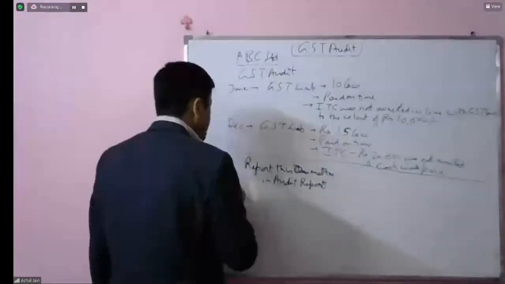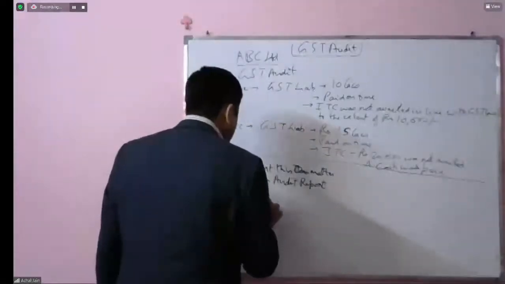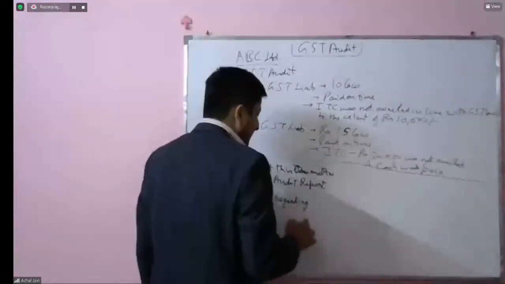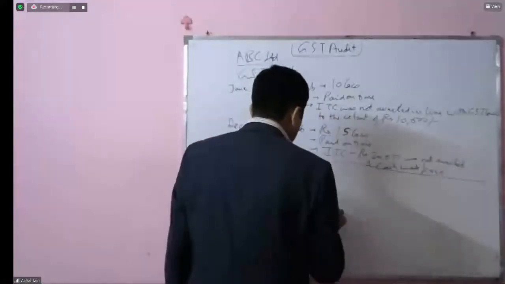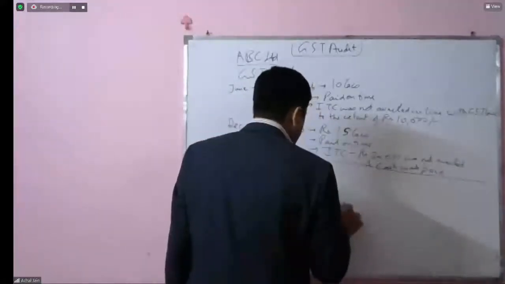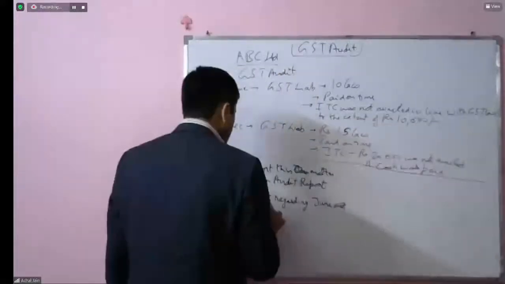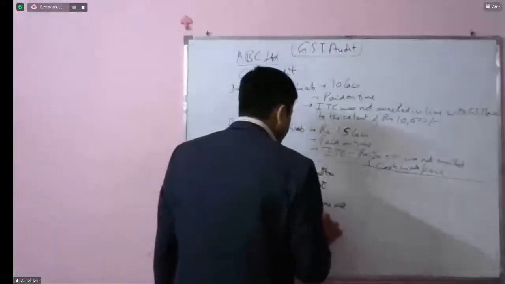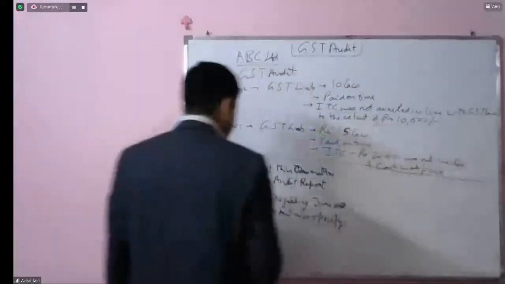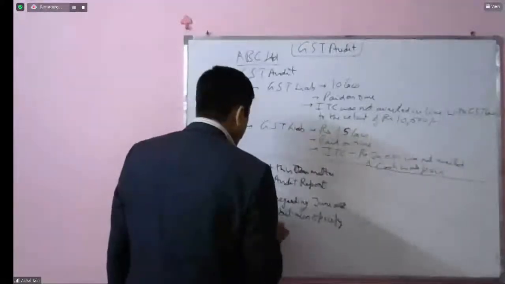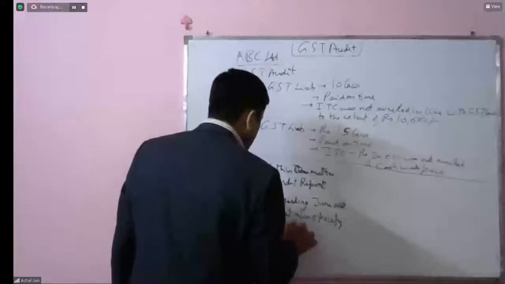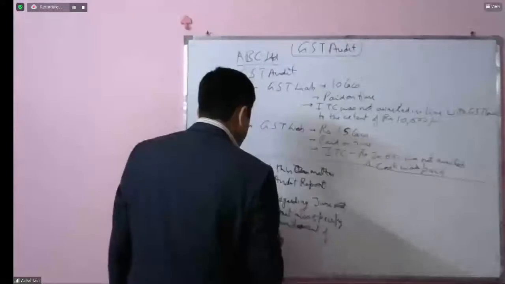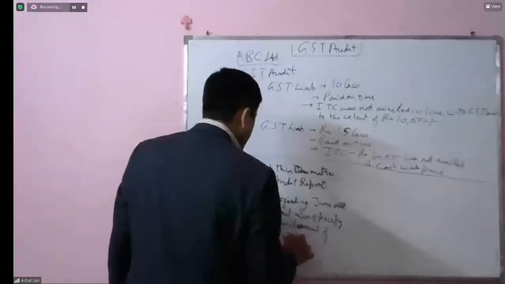Option number B, report regarding June matter. So this matter related to June, but also specify non-availment of ITC in December.